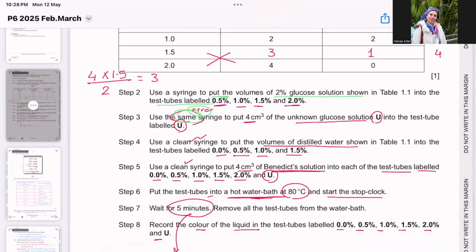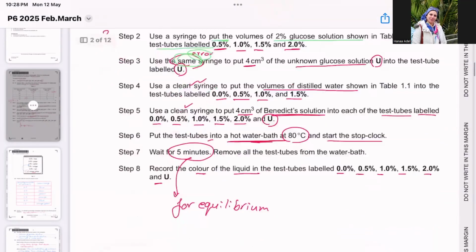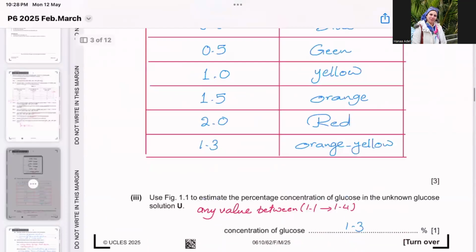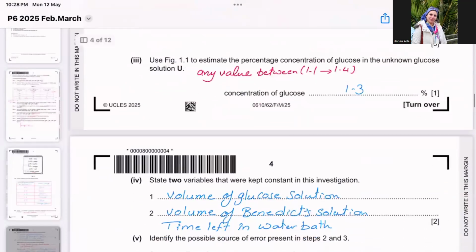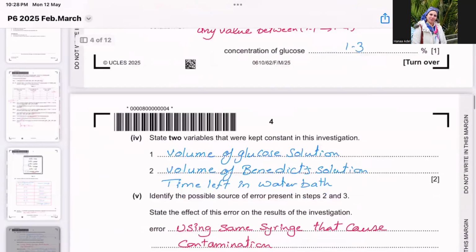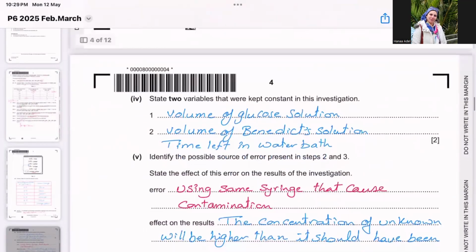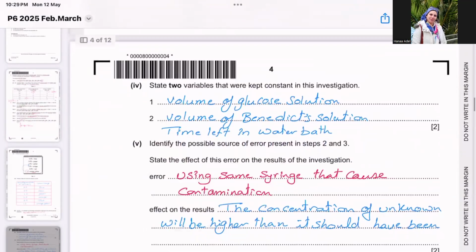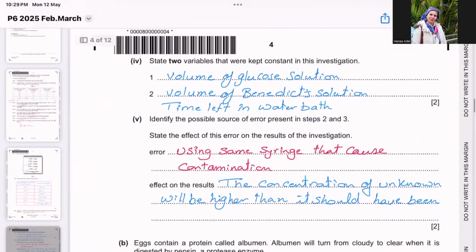That makes an overestimation, increasing the concentration of glucose. So using the same syringe causes contamination, and its effect is that the concentration of the unknown will be higher than it should have been.